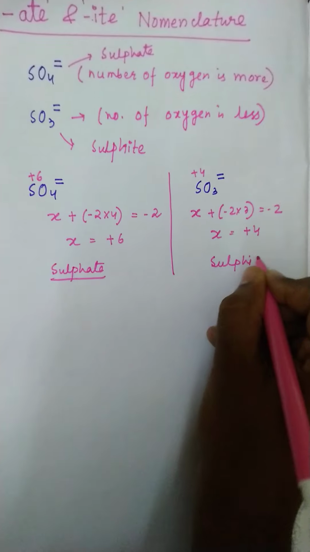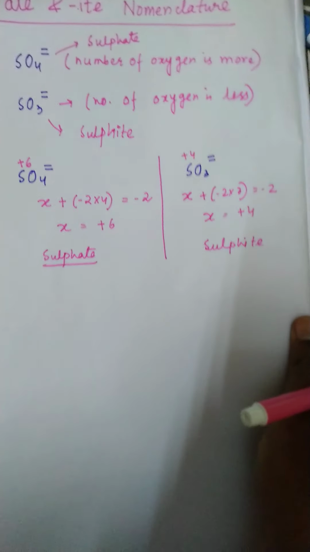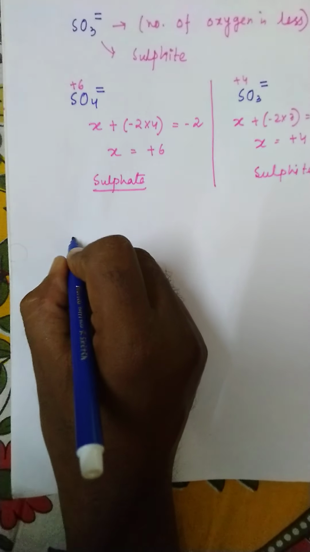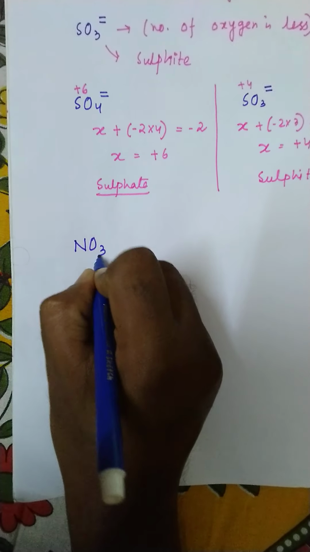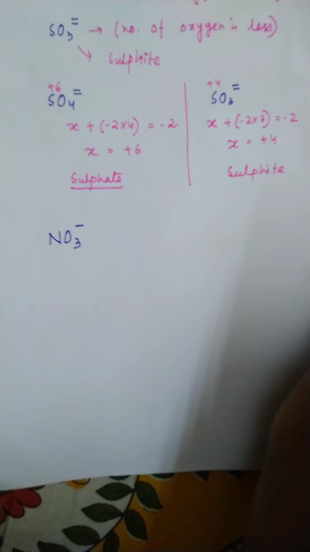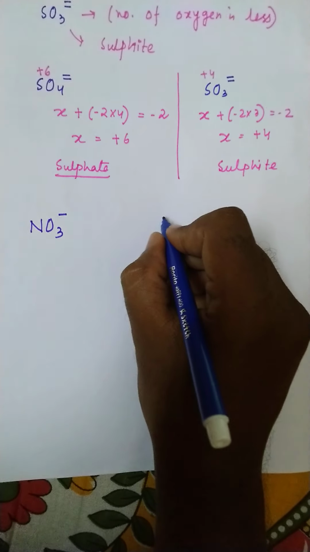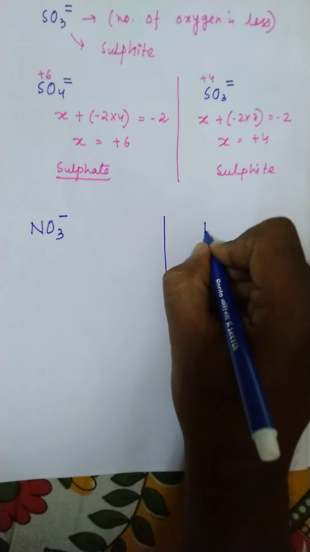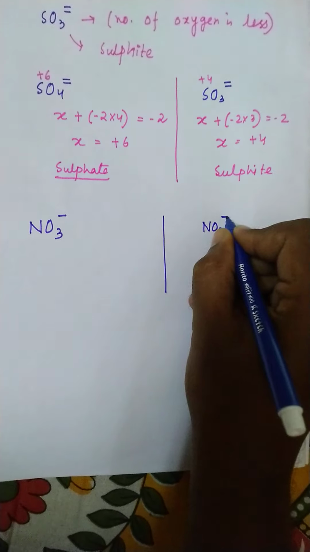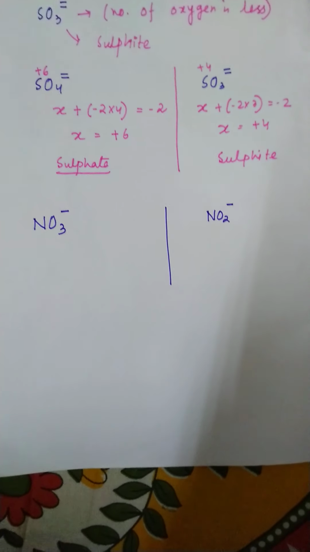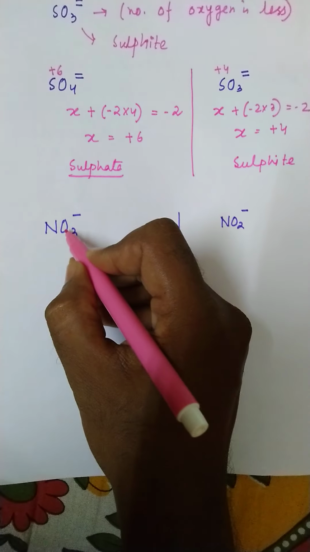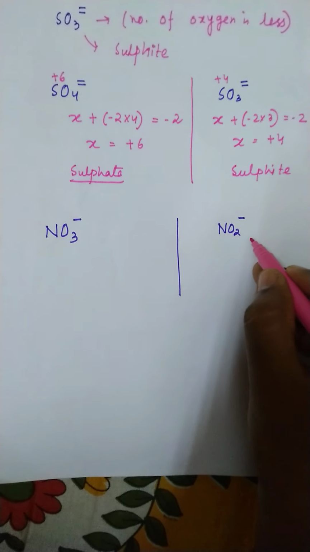Let us take another example. Suppose NO3 minus. This one is known as nitrate, and NO2 minus, this one is known as nitrite. So obviously here the number of oxygen is more and here the number of oxygen is less.